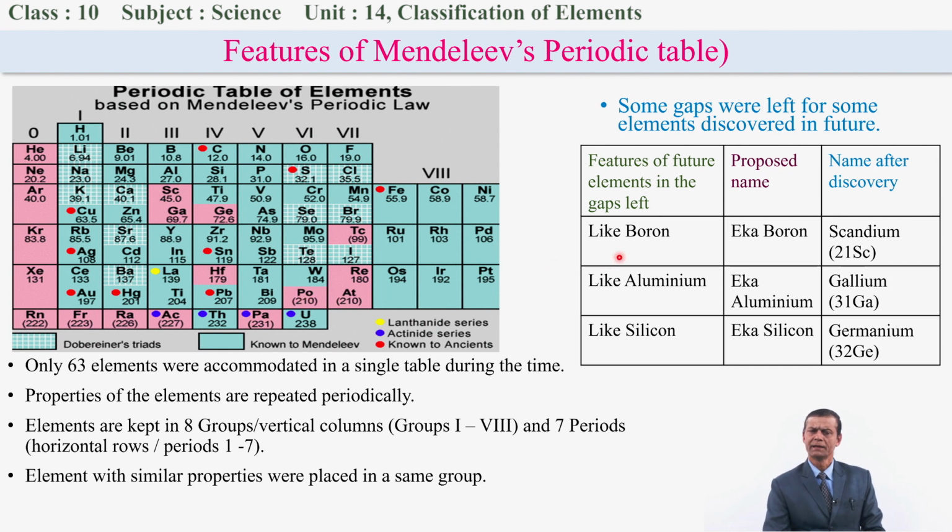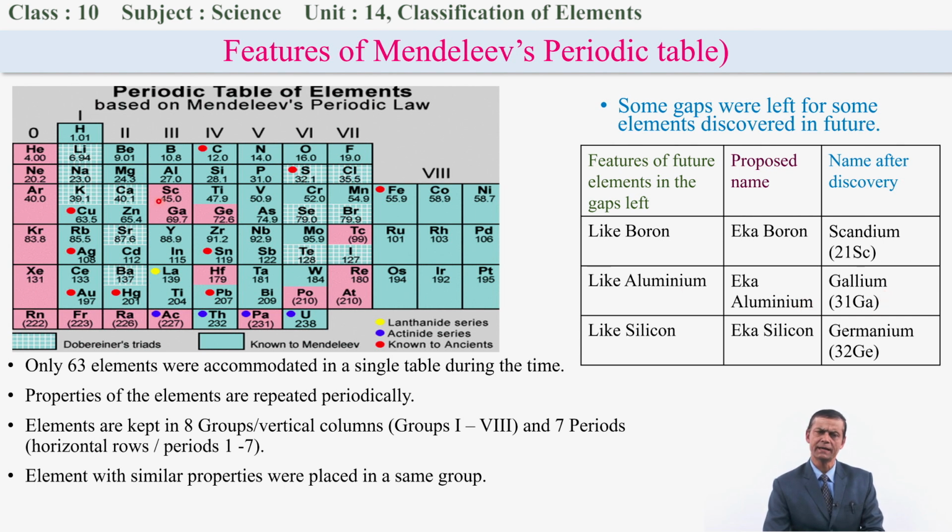Look here, an element which looks like boron, isn't it? A character similar to boron was proposed as Eka-boron, and it was discovered as scandium, 21Sc, which was placed in the same gap. Another forecast was an element like aluminum, which would be discovered in the future, named Eka-aluminum, and it was discovered as gallium.